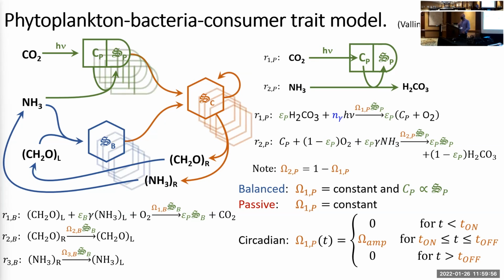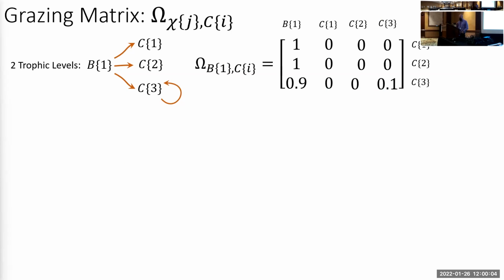This is also done in a trait-based modeling context, so you can have as many instances of those three functional groups as you like. Regarding the grazers or the consumers, however, we have a matrix that represents the preferences of those consumers. And so this omega term specifies which organism is going to be eaten by any individual instance of a consumer.